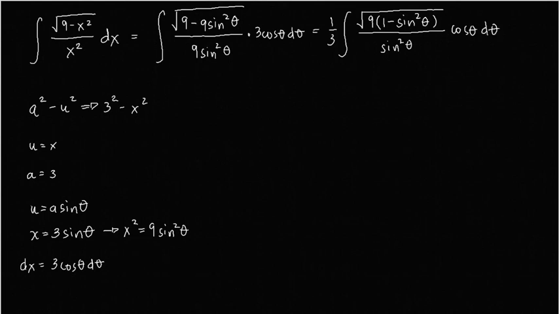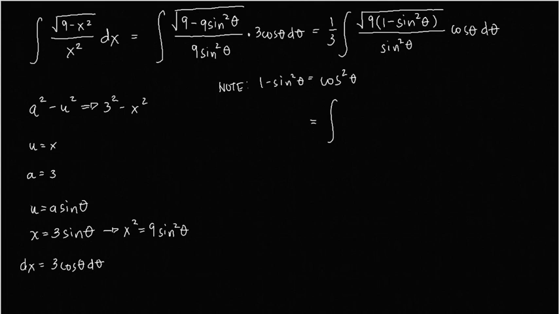And take note that 1 minus sine squared of theta is actually equal to what? Cosine squared of theta. So we will replace that and evaluating the square root of 9 as 3. Then 3 divided by 3 is 1. So we have 1 minus sine squared of theta is cosine squared of theta.